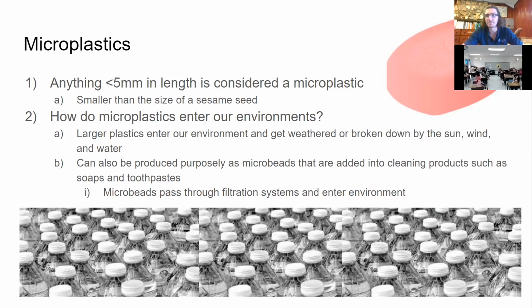It's kind of the same thing, in that these larger pieces of plastic will also break down from things like the sun and the wind and water, just breaking it down into tiny little pieces. But then also some of them are produced, such as those microbeads I was talking about that are added into our soaps and our toothpaste. So those are also a way that they can be formed and enter into our environment.